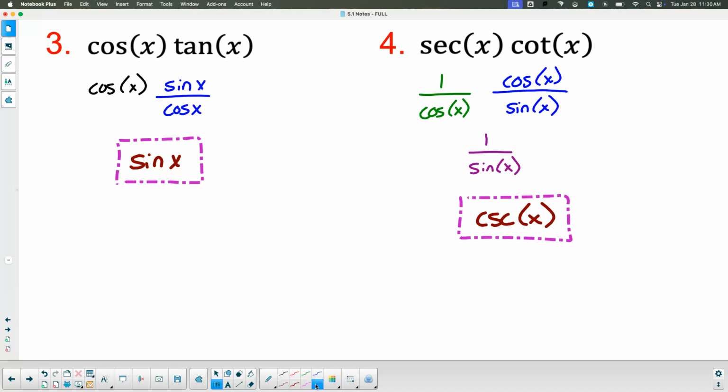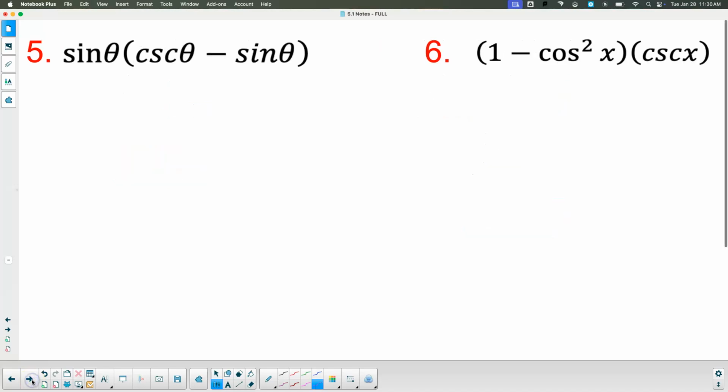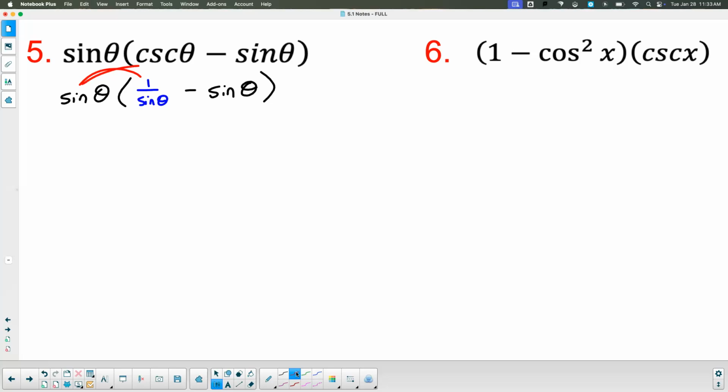Okay? Try those two. Cosecant is 1 over sine. Distributing in the sine of theta gives me sine over sine is 1.